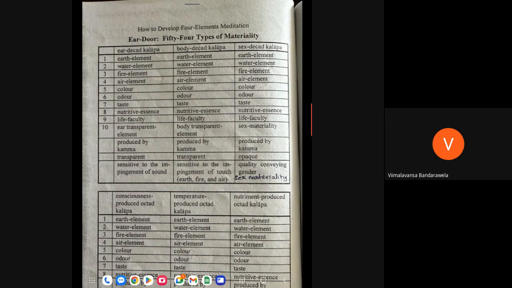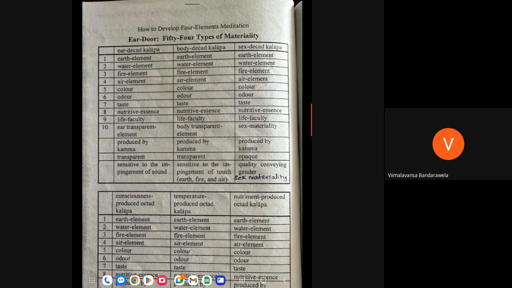You can even hear sounds outside of you, and then this sound touches the transparent element of the ear decad kalapa. That is very easy to understand, because sound moves very quickly and comes to touch the ear decad kalapa.